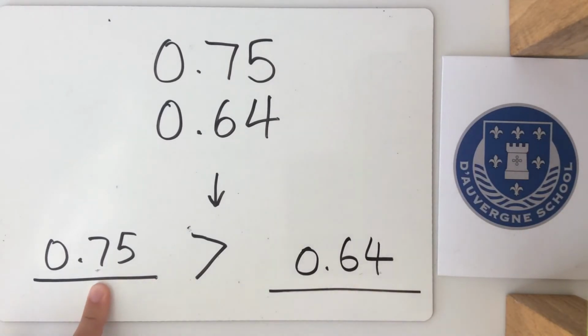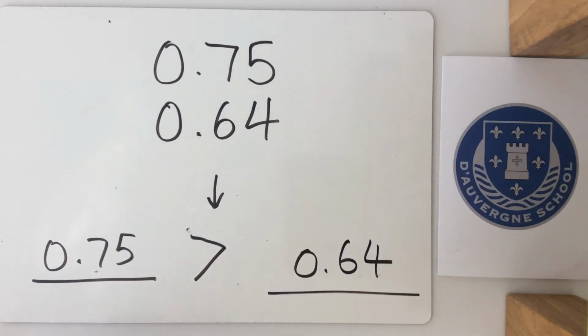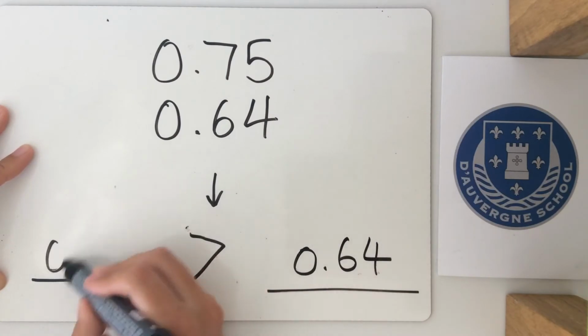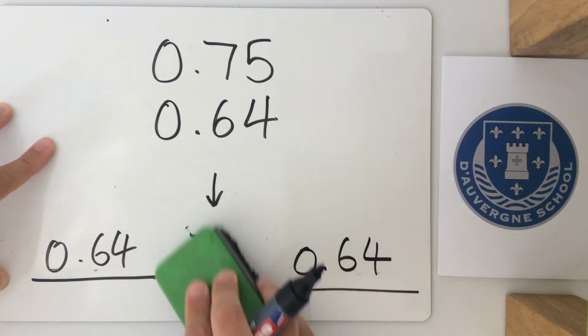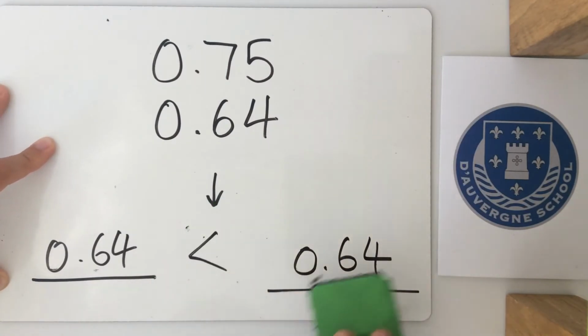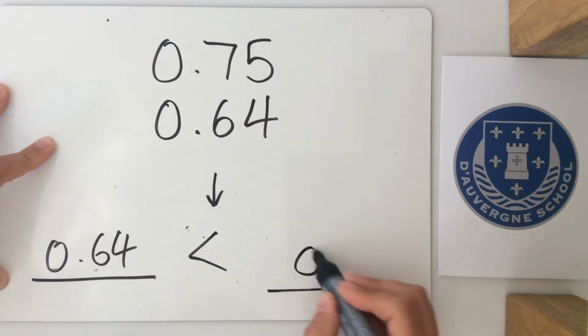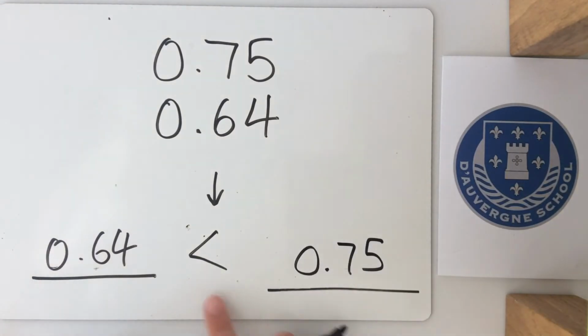Because this one has 7 tenths and this one has 6 tenths. Or you could have put it the other way round: 0.64 is smaller than 0.75. It's still eating the bigger number. Roll some more numbers with your partner or by yourself and make some of these, with your greater than and less than crocodile mouth in the middle. Pause the video whilst you do that.